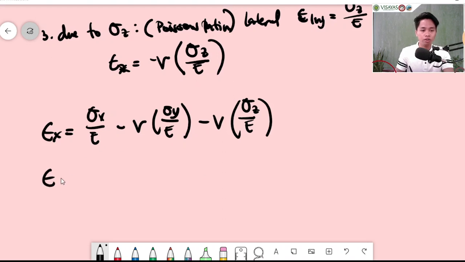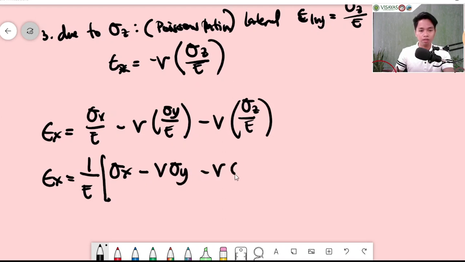Okay, so therefore, your strain at x is equal to, E is common, so I'll just factor it out. So this would be 1 over E, times sigma x minus your Poisson's ratio multiplied by sigma y minus your Poisson's ratio multiplied by sigma z.